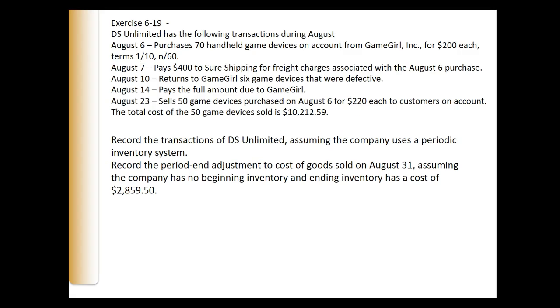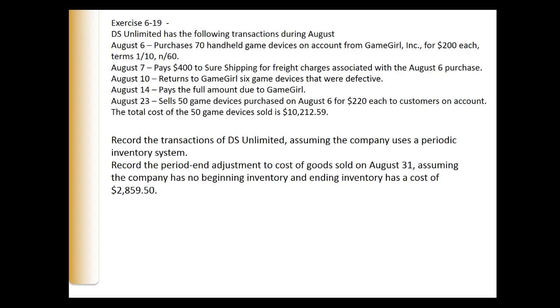Now let's look at exercise 6-19 as we go through some transactions. We've got various transactions in August.